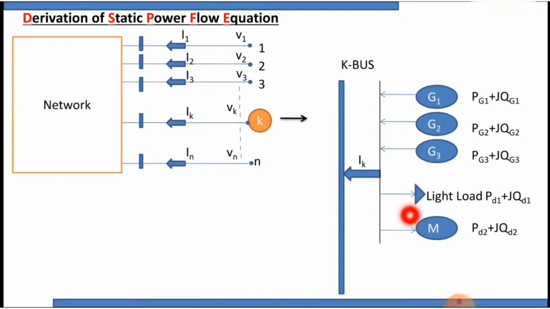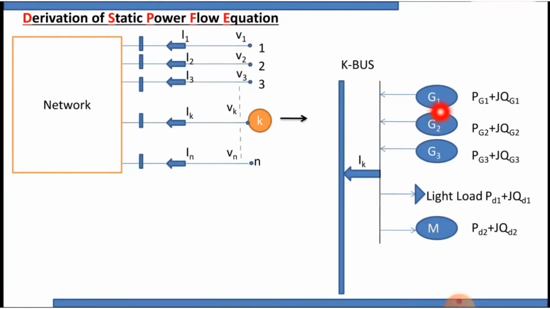What I am saying here is, this bus is the intermediate element in order to connect all the incoming lines and the outgoing lines. And the total current, that is the Ik value injected to the kth bus, is by these incoming lines and these outgoing lines.